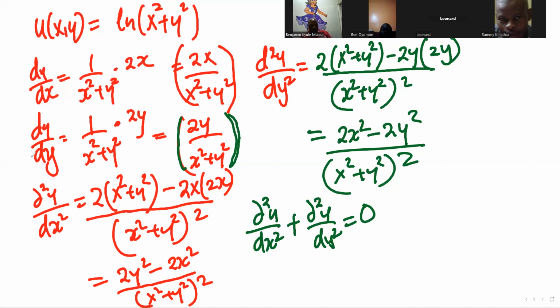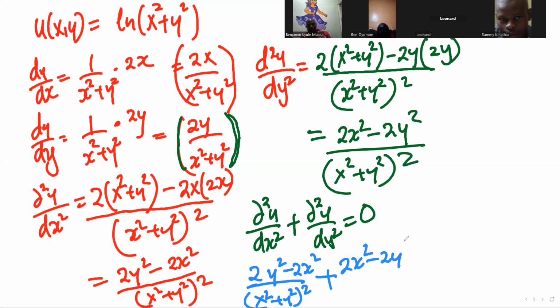So now in this case, you're going to copy here 2y squared minus 2x squared divided by x squared plus y squared, we square again, plus 2x squared minus 2y squared out of x squared plus y squared squared there. You can see clearly that these cancel, let me use another pen.